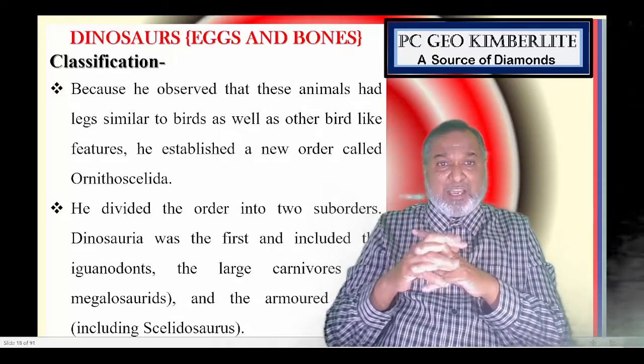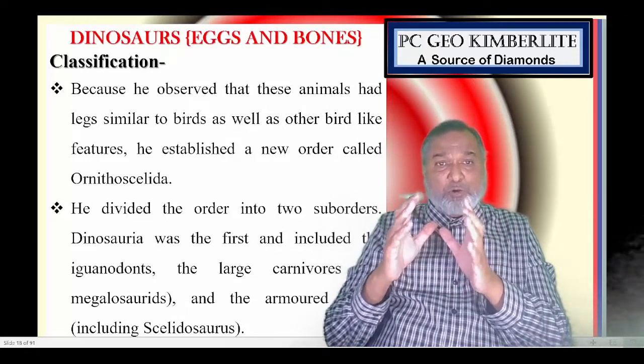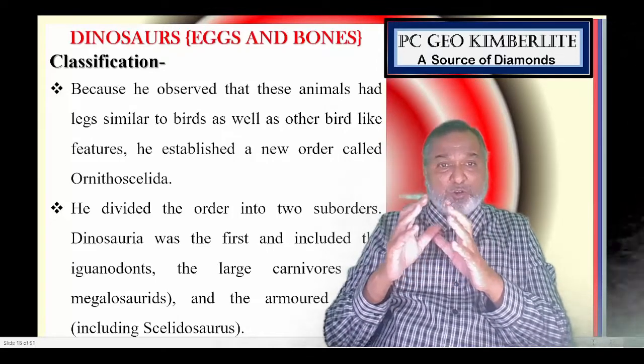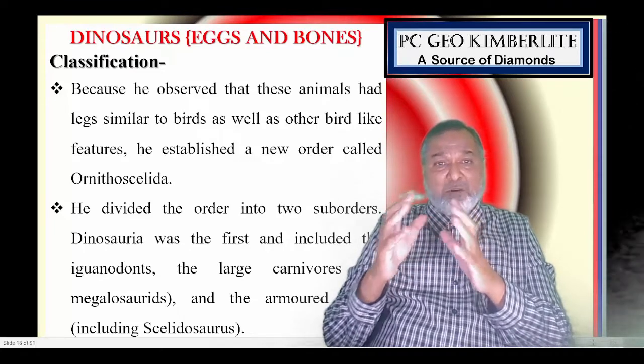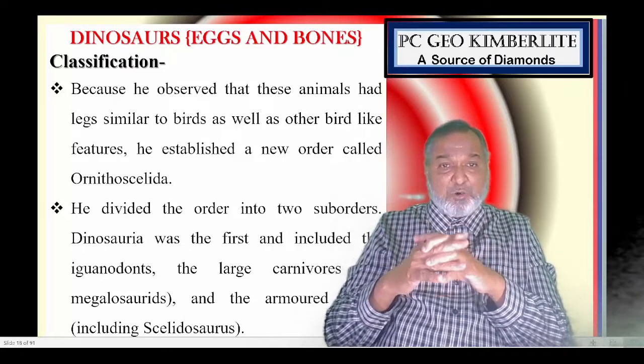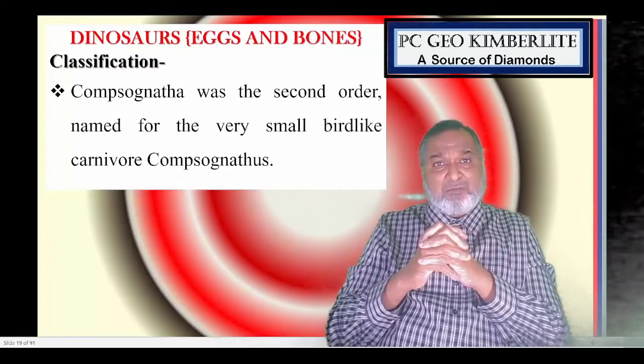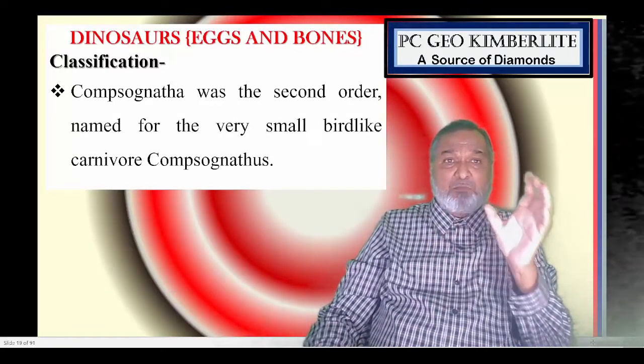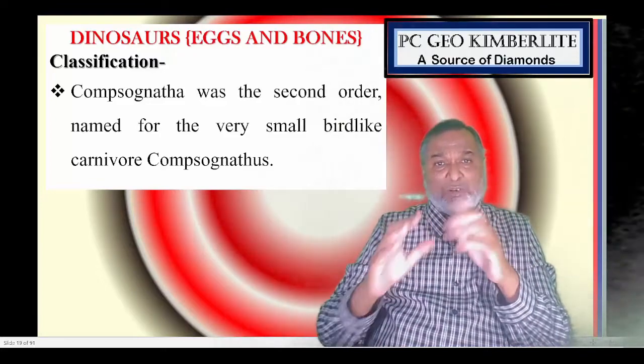Dinosauria was the first and included the Iguanodons, the large carnivores such as Megalosaurus, and the armored forms. Compsognatha was the second, named for the very small bird-like carnivorous Compsognathus.